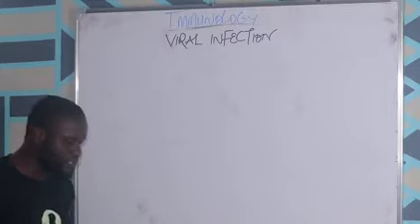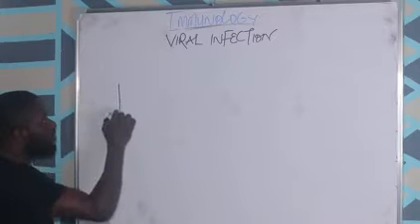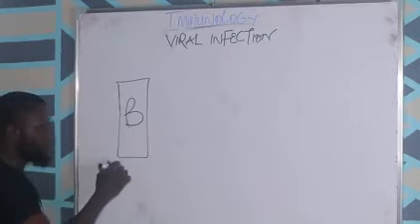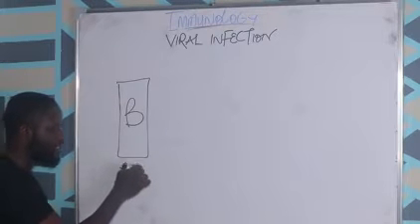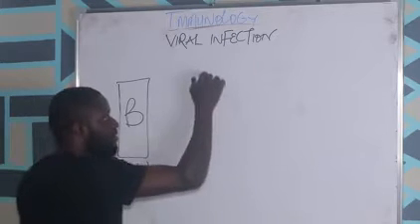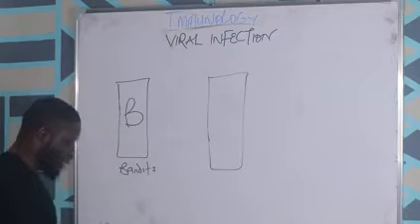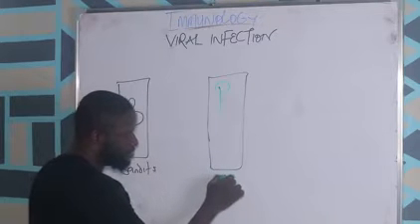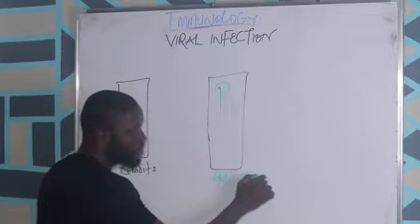Okay, I'm going to give an example. I'm going to use B to represent bandits. I'm going to use P to represent police station.